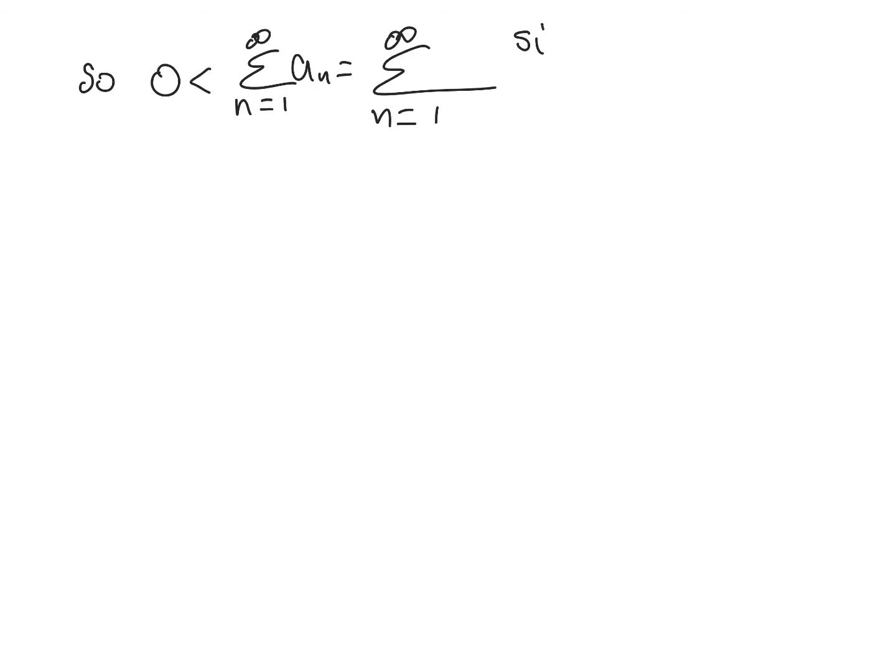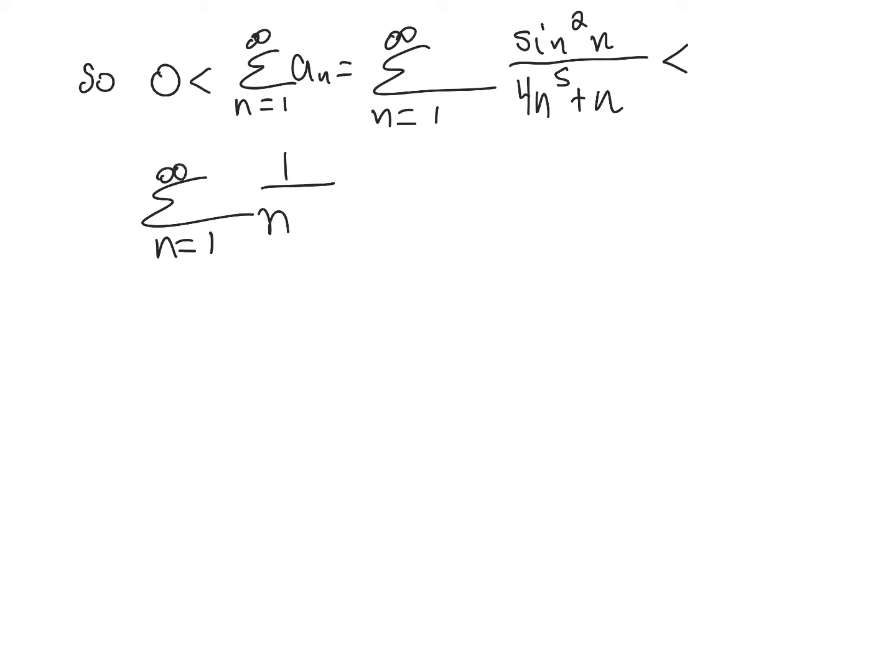And so now let's make the conclusion. We have the a sub n series, which is equal to the summation from 1 to infinity sine squared of n divided by 4n to the fifth plus n, is less than just the series from 1 to infinity 1 over n to the fifth, which we call the b sub n series.